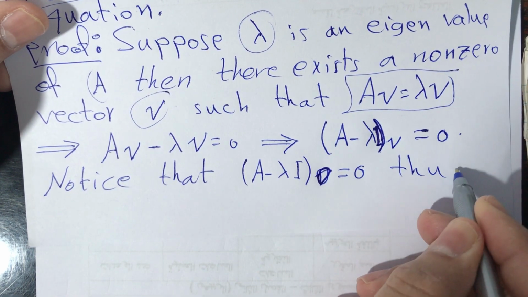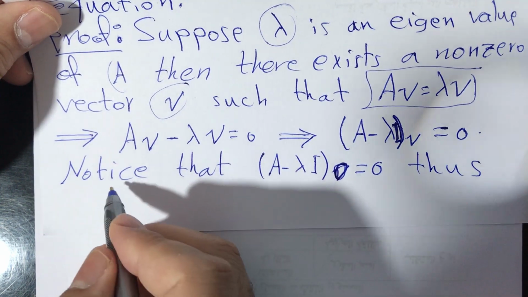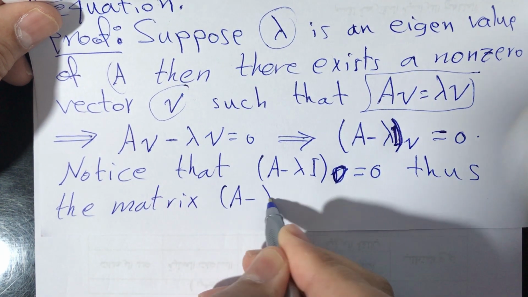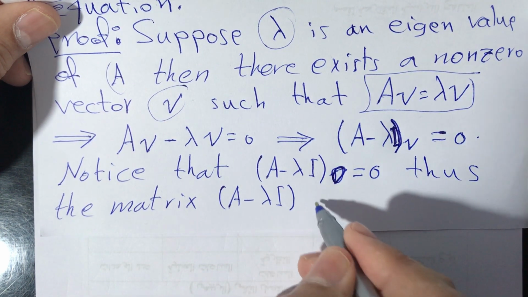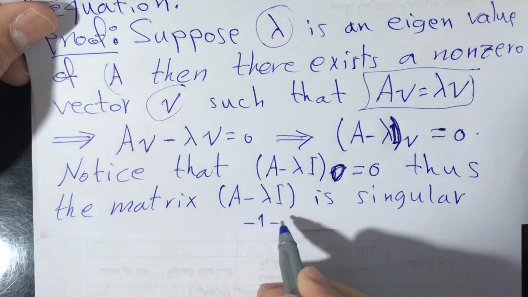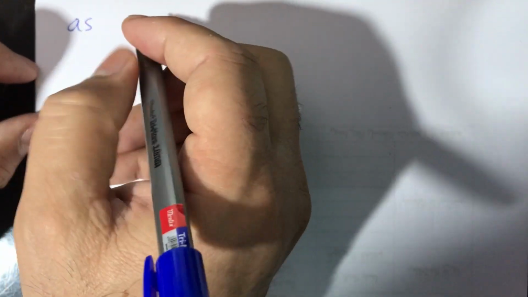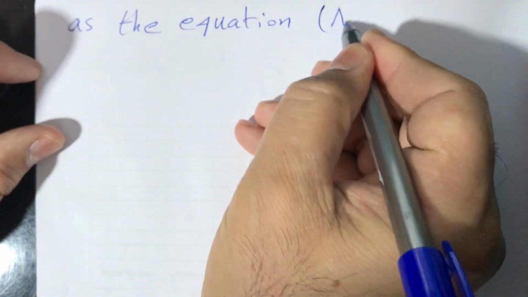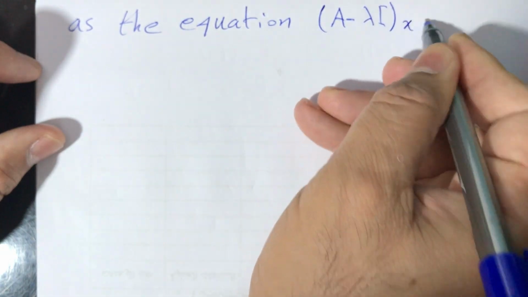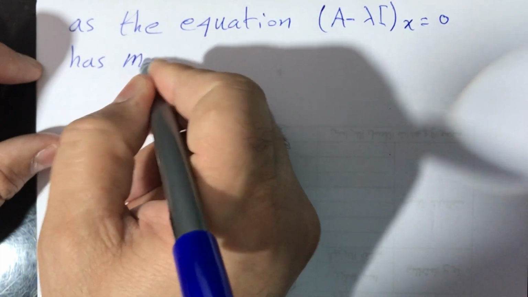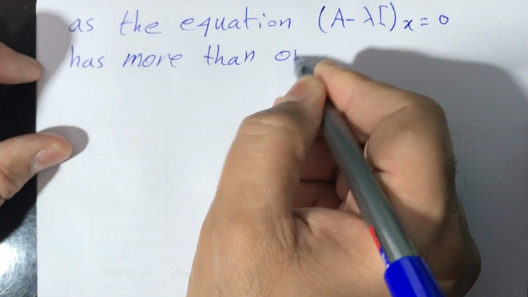Thus the matrix A minus lambda I is singular, as the equation A minus lambda I x equals 0 has more than one solution.